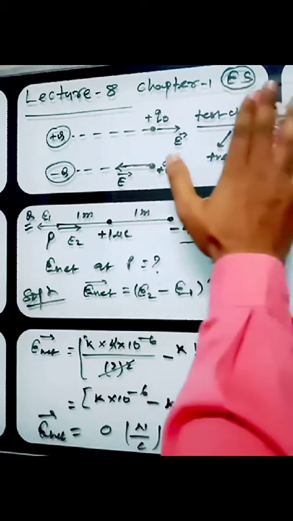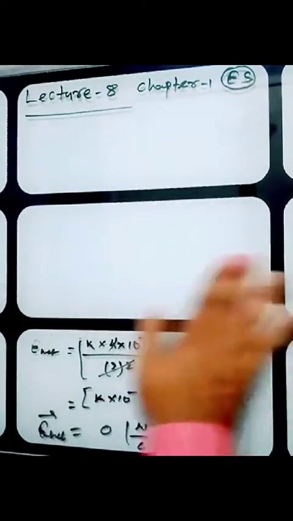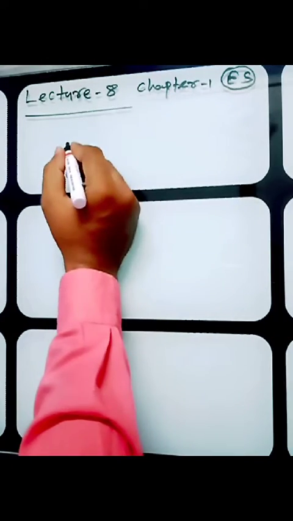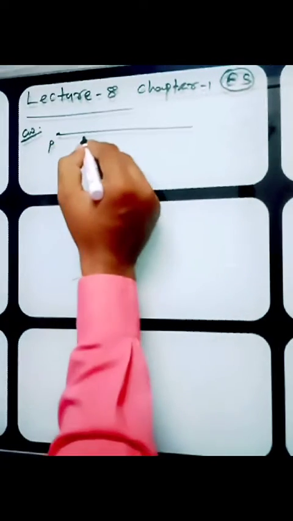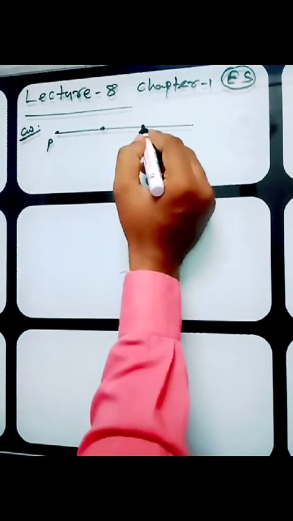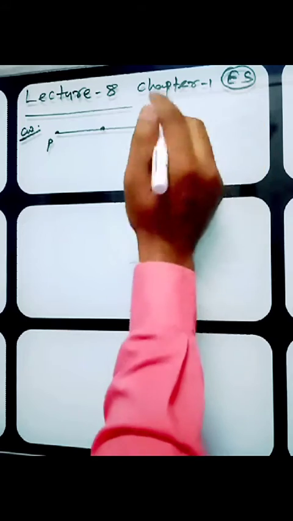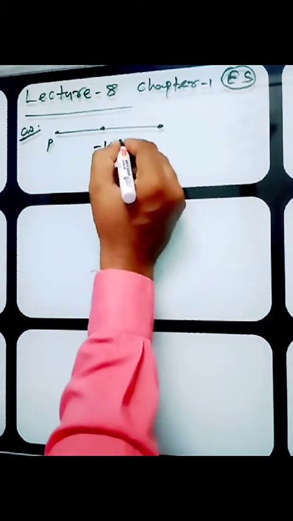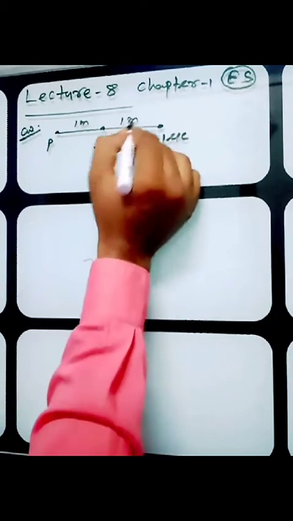Try to solve another question. Now you have to solve this question by yourself. This will be your classwork. This is the point P. Simple question I'm giving you: minus 1 microcoulomb, minus 1 microcoulomb at 1 meter, 1 meter.